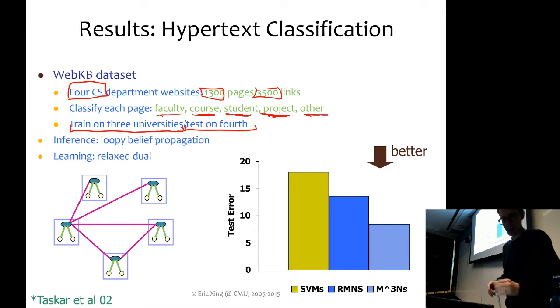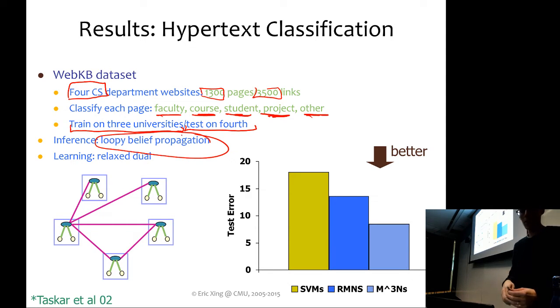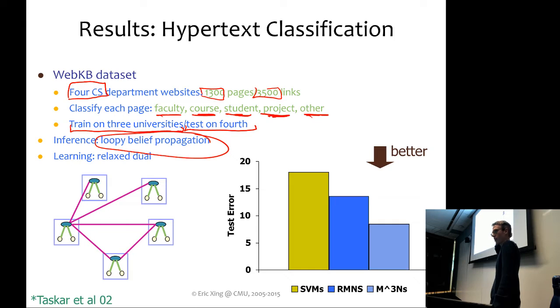There are lots of different ways you could do inference for this sort of problem. In this particular case, they used what's called loopy belief propagation, which is exactly the same as the belief propagation algorithm that you learned, except that there's no guarantee that it would converge to true marginals or a true MAP assignment for this graph.